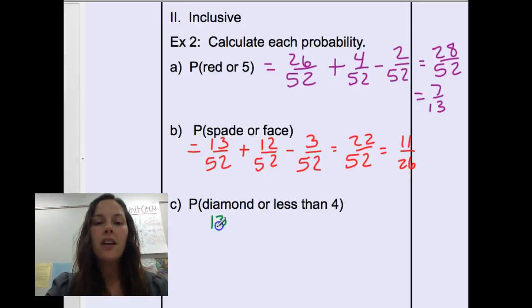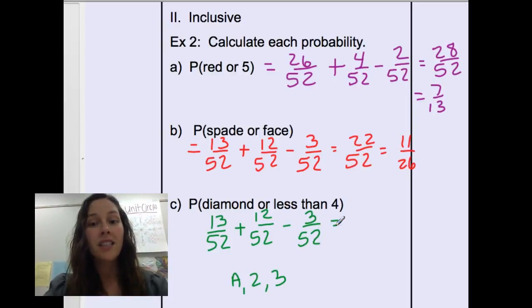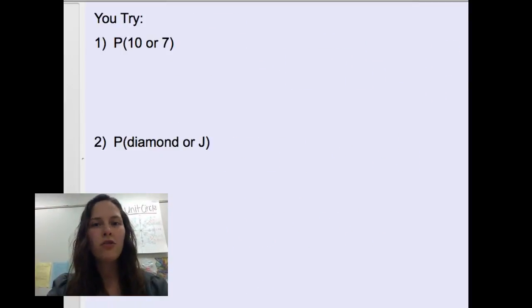Again, there's 13 cards in each suit, so we've got 13 diamonds, plus the ace, 2, and 3 are less than 4, and we have 4 of each of those, so 3 times 4 is 12, minus the ace of diamonds, 2 of diamonds, and 3 of diamonds. So there's 3 cards that got counted twice, and this gives us the same probability, 22 out of 52, which simplifies to 11/26. And check out your 2 U-Try questions.